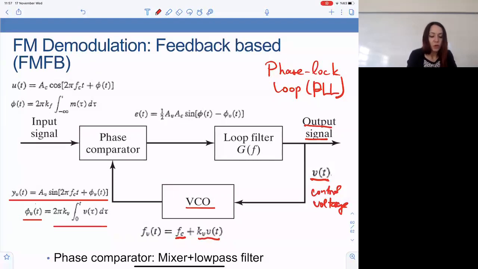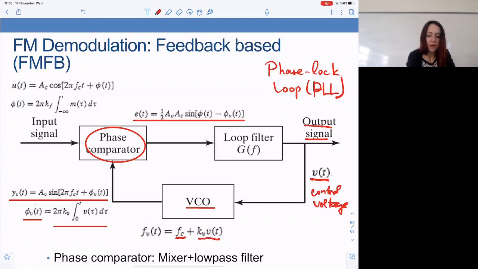Okay, so this is fed into a phase comparator. A phase comparator is basically a mixer followed by filtering that will eliminate components centered at 2fc. So the result of this phase comparator is an error signal.